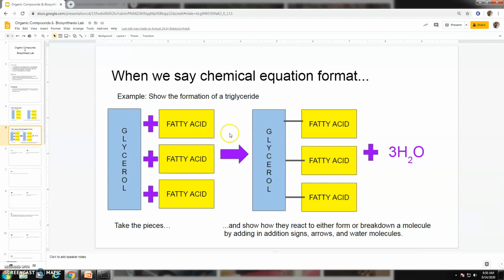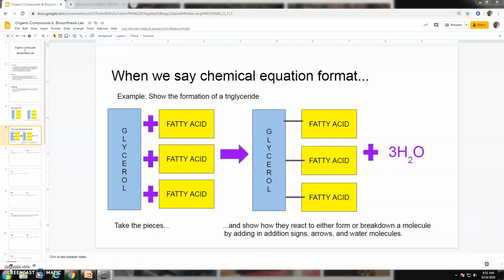You give us an arrow because in any chemical equation, you're going to have an arrow to show that these 4 monomers will join together to form an actual triglyceride. So you see the bonds here that we now have. And then remember, because we have to dehydrate it to build it, you also have to show water as a product. So you need to consult your notes to make sure you know what you're doing.